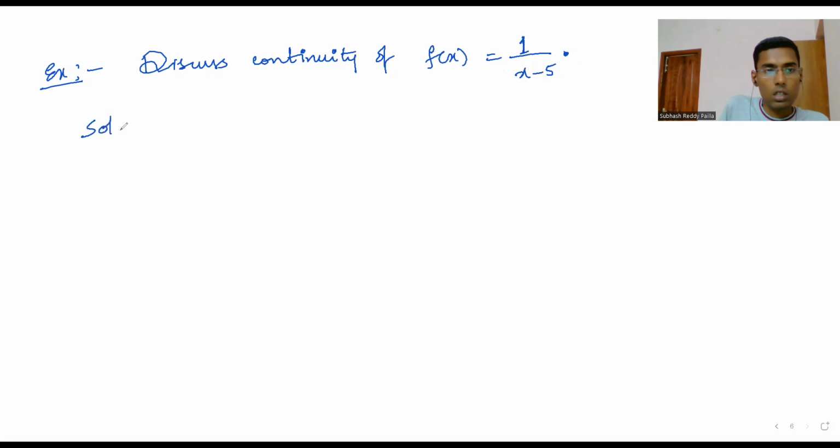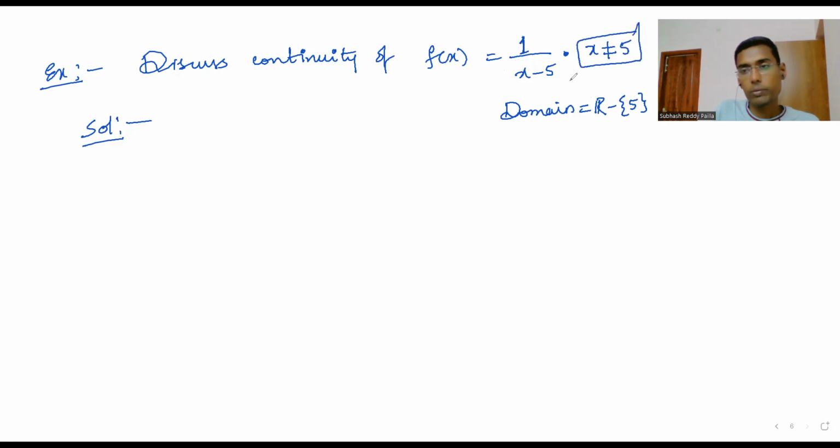The domain is all real numbers except 5. Yes, first thing you should understand: the domain is all real numbers but not 5. So here itself we can write x is not equal to 5. Good. That's the first observation. What is the meaning of the domain?